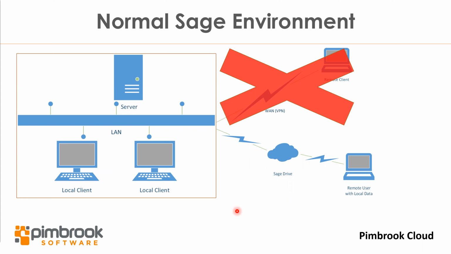So that's one option. Another option would be to get your IT to set up a remote desktop connection, whereby the remote PC connects to one of your PCs in the office and runs Sage from there. So if there's any loss of connection, you just log back on and everything's kept safe. So there are your two current options.